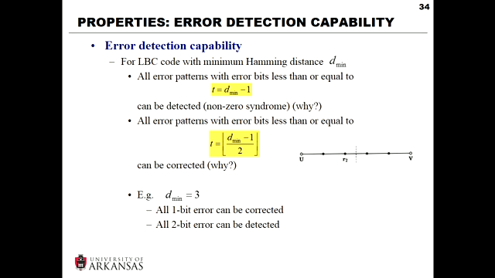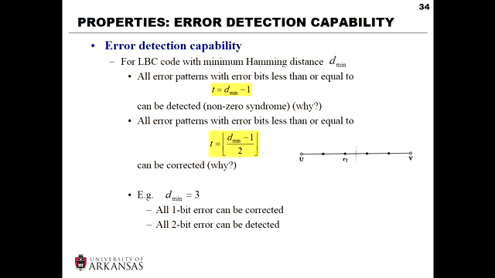If there are d-min bits in error, then one code word after d-min bits are in error could be a different code word, which will also be a valid code word. In that case, we will not be able to detect that error. So if the errors are d-min bits, there is a possibility that we will not be able to detect it. Therefore, our error detection capability is d-min minus 1. As long as we have d-min minus 1 or fewer bits in error, it's guaranteed that this code will always be able to detect it.